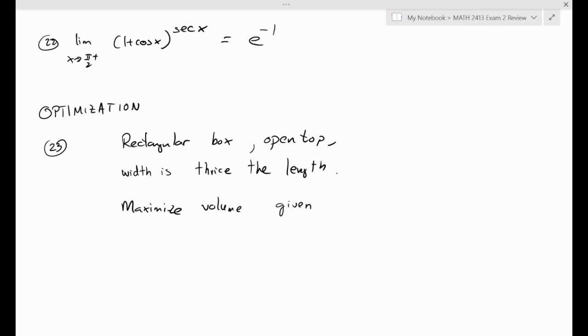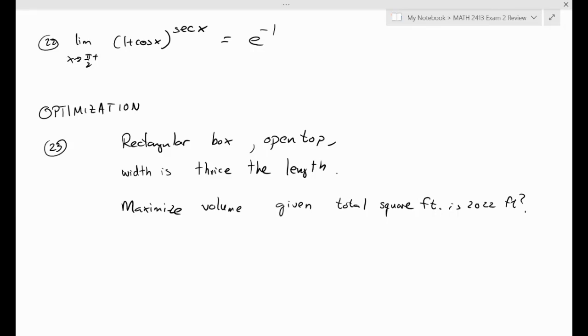Given that we only have so much material, find the largest volume. It's 2022, that's it. Square feet. We have the total square footage is only that much.